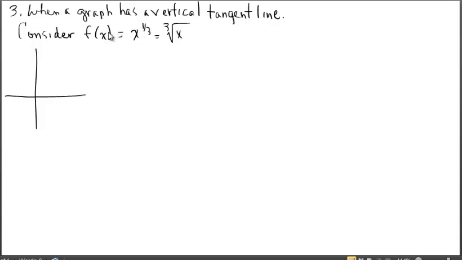As we take a look at that graph, what we see is that as the graph approaches the origin, it becomes very, very steep. All right, so let's consider what's happening at x equals 0.